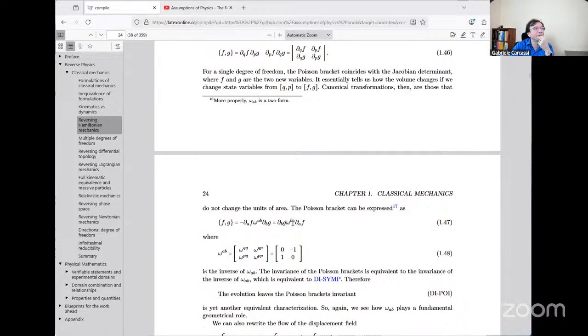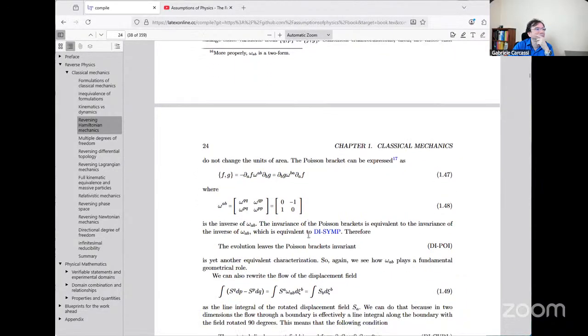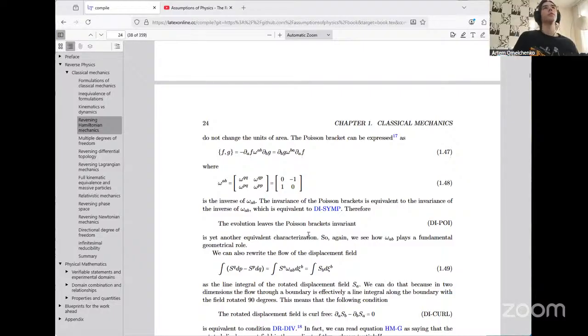If you write it like this, then G has to become first, and you contract it on one side, and F becomes second. Again, we have omega AB defined here, and it's the inverse of the one with lower indices.